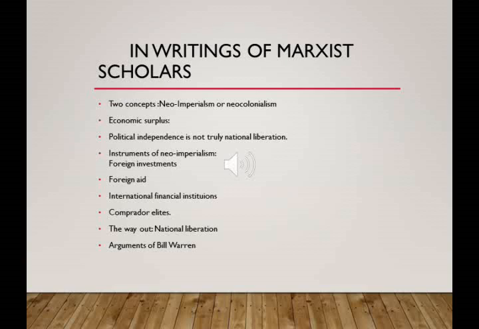Also, another way through which economic domination by the former colonial powers of their former colonies is maintained is through the presence of so-called comprador elites, whose interests coincide more with those of foreign powers. They are engaged in import trade, importing goods from the former colonial countries and exporting raw materials to them.